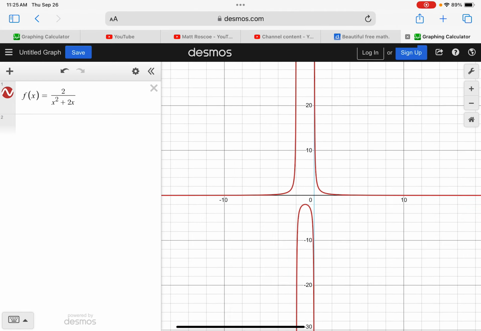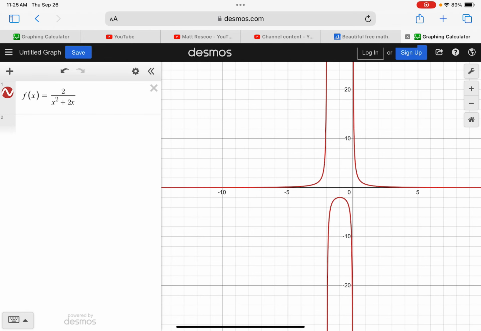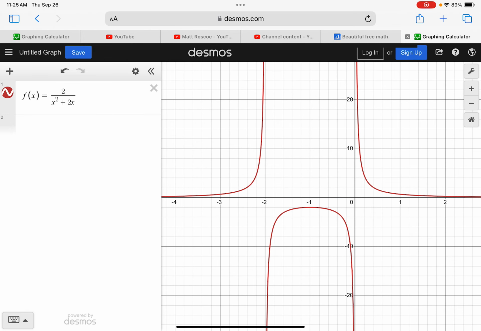So a picture of our function, I guess. Looks like we have vertical asymptotes at 0 and at negative 2. I guess that's because the denominator goes to 0 at those two values.